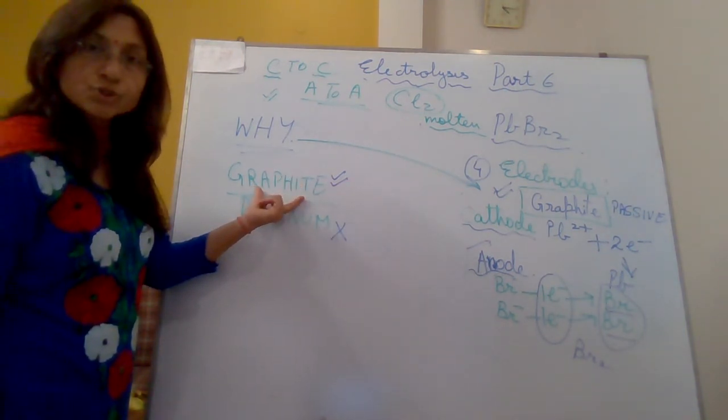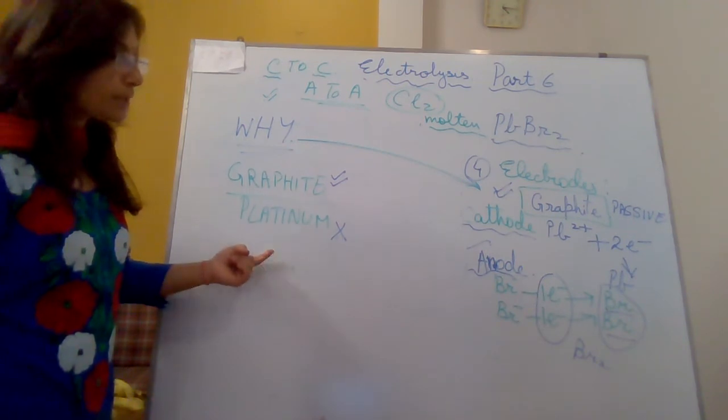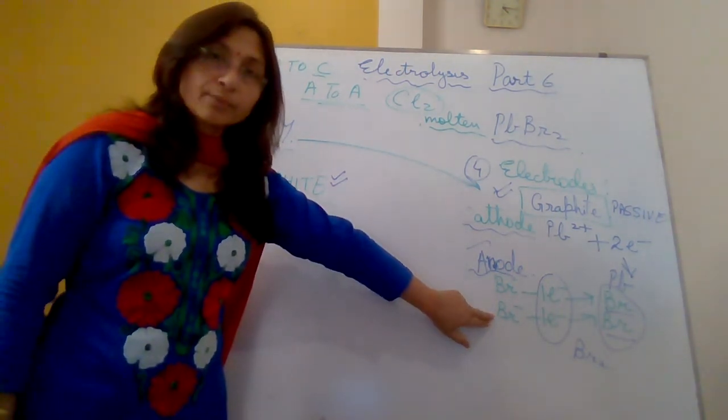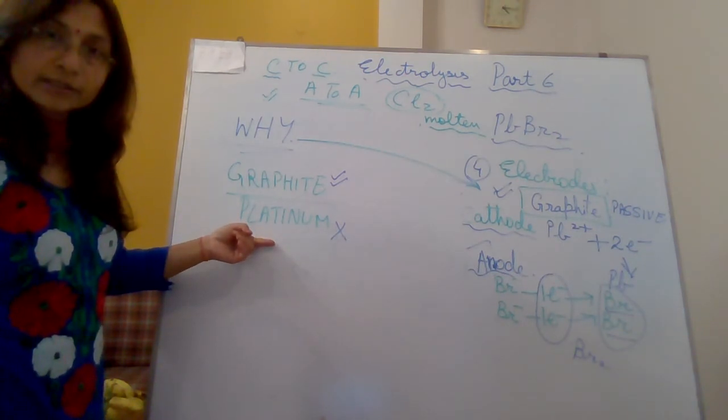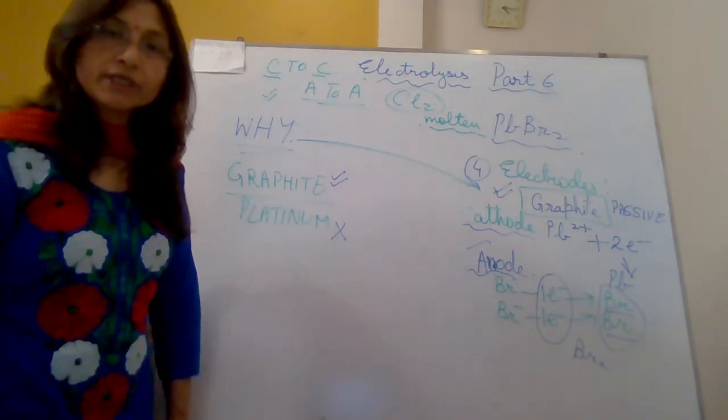इसका बड़ा कन्विंसिंग आर्गुमेंट है कि जो प्लैटिनम है, जिस समय पर ब्रोमीन गैस लिबरेट करती है, उस समय जो प्लैटिनम है reacts with the bromine gas.